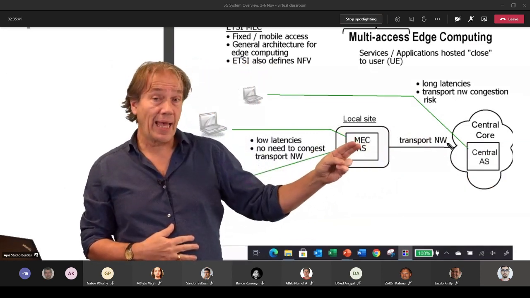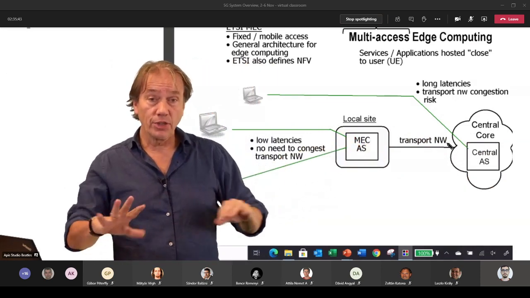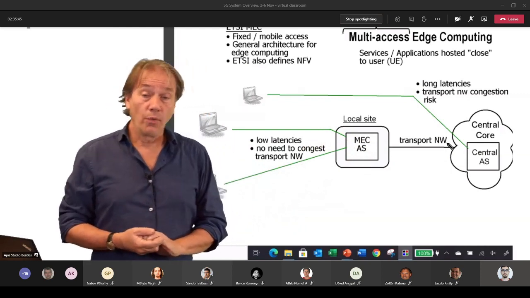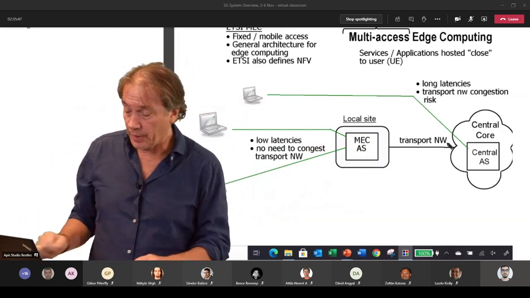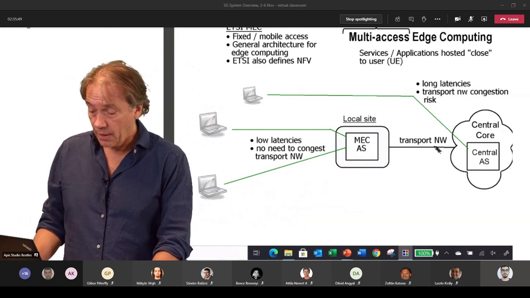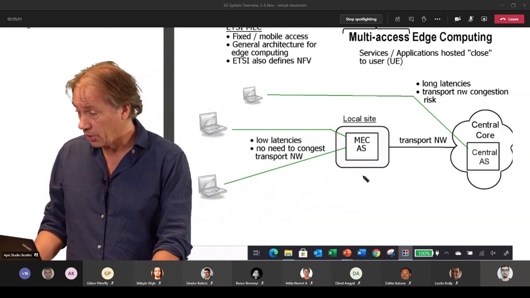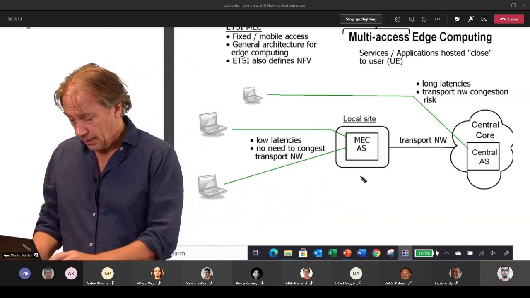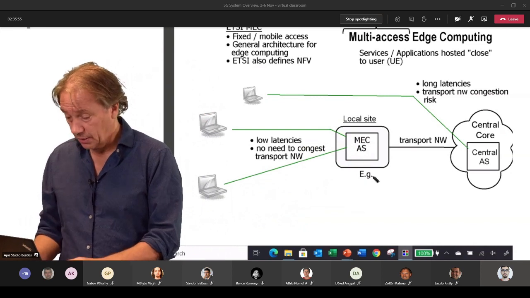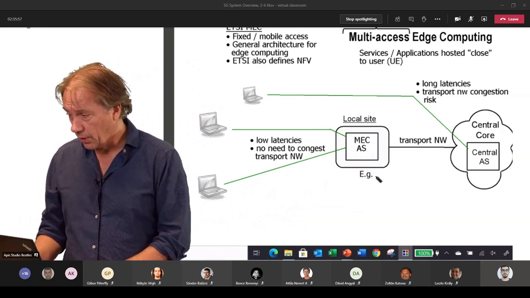Popular content is cached in lots of local content servers closer to the UEs or the endpoints. So this is, of course, already done today.